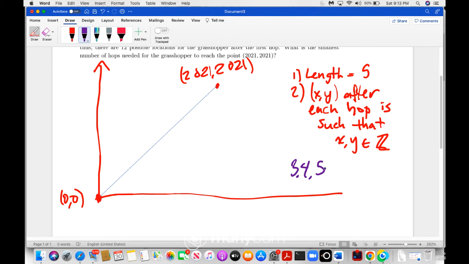So either 3, 4 or 4, 3. So without loss of generality, let's assume that it's 3, 4. Now, this is not on my line, on my shortest path, but, I'm sorry, 4, 3, it doesn't really matter. But this is 4, 3. And this hop does have a distance of 5.